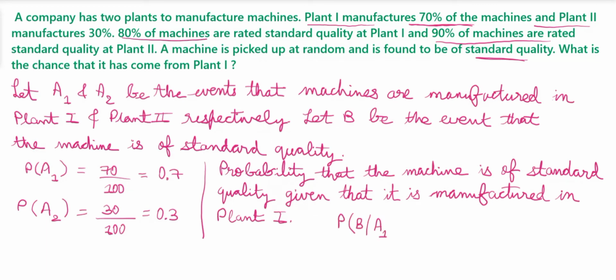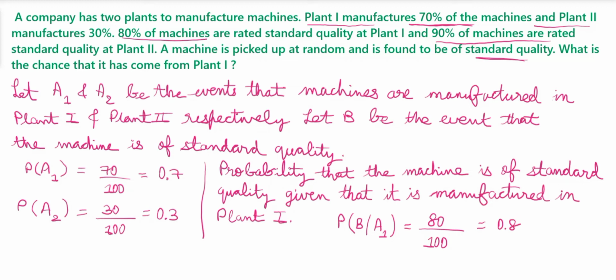Because the event A1 represents the machines that are manufactured in plant 1 and B represents the event that the machine is of standard quality. So we wrote it like this: P of B given that A1. Now 80% of the machines are rated as standard quality at plant 1. So it will be equal to 80 upon 100, which is equal to 0.8.